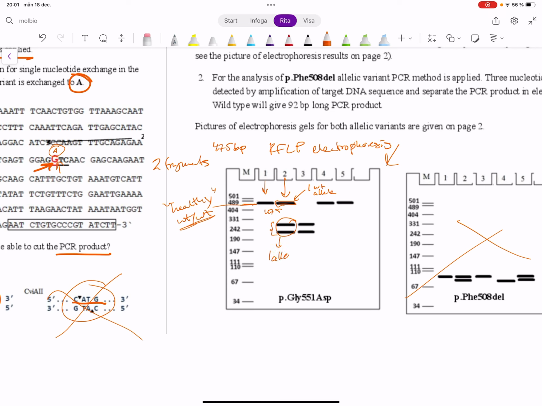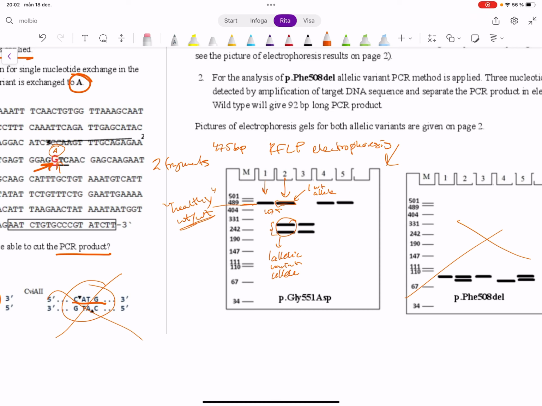One allelic variant allele. So what has happened here is that for patient 2, we took his DNA, we did PCR, and then to all of these fragments that have been produced after PCR, we put a restriction enzyme that had been going around the DNA and looking for this allelic variant, and when it found the allelic variant, it cut the allelic variant.